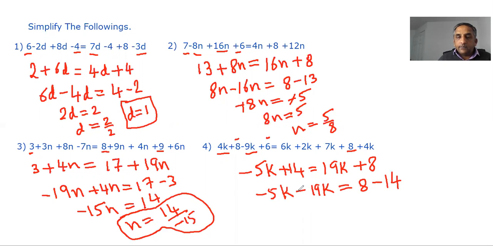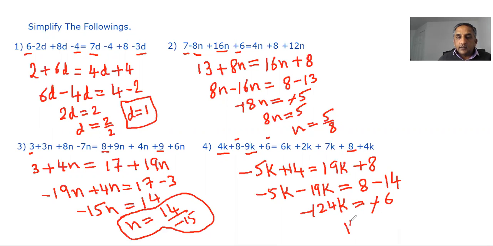So 19k and 5k, when you add them, you get minus 24k. Remember, we add them because both of them are minus. And 8 take away 14 is minus 6, right? So now we can cancel them.